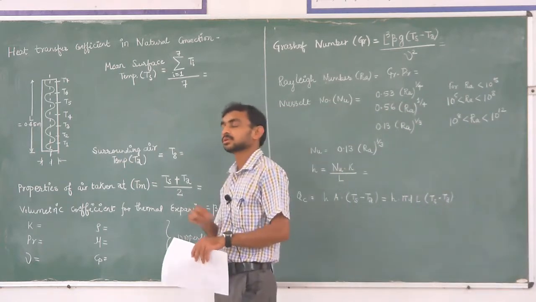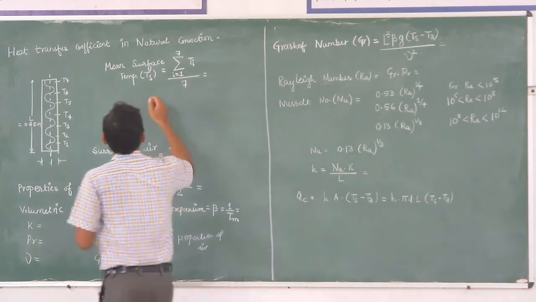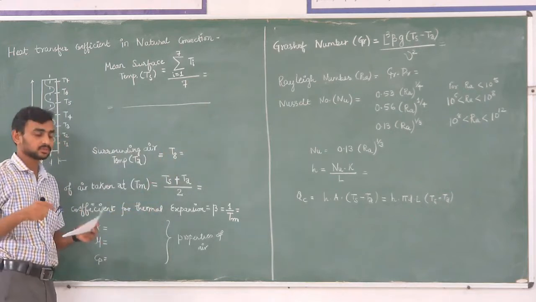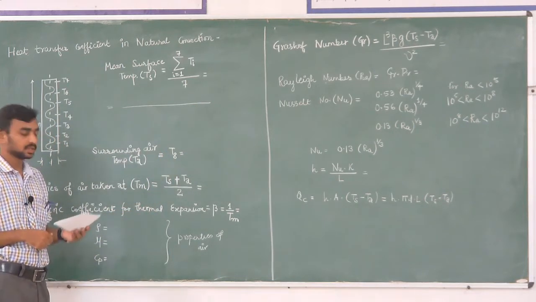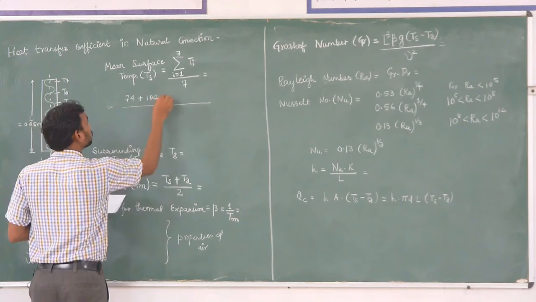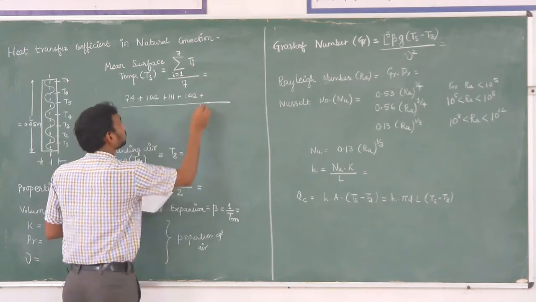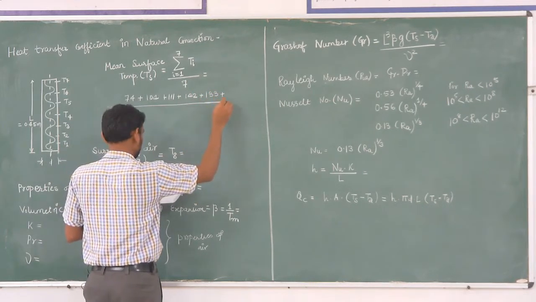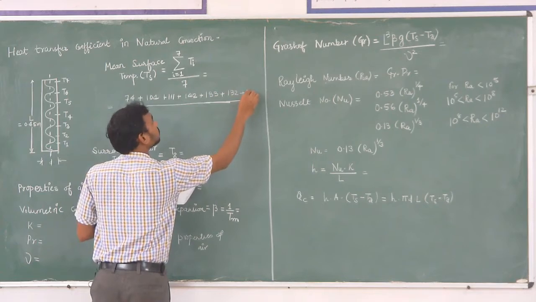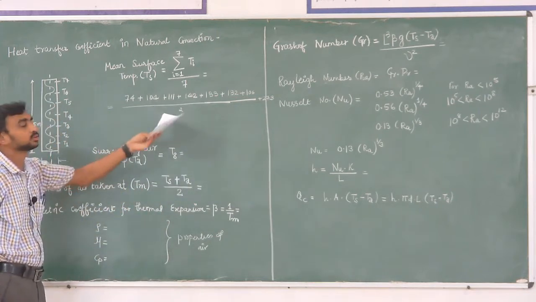As we already noted down our data in the steady state: T1 74, T2 104, T3 111, T4 142, T5 133, T6 132, T7, the topmost part temperature, 106, divided by 7, plus 273 to convert degrees Celsius into Kelvin.